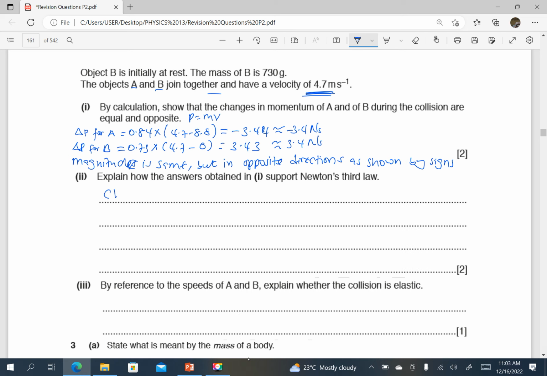So change in momentum for A is equal and opposite to change in momentum for B. But remember, force is the rate of change of momentum.